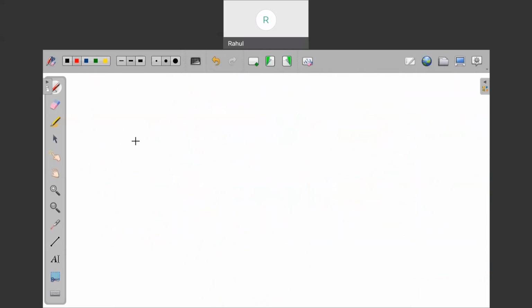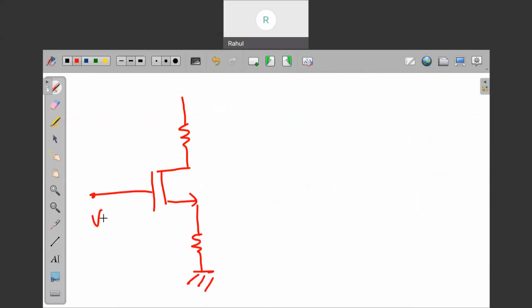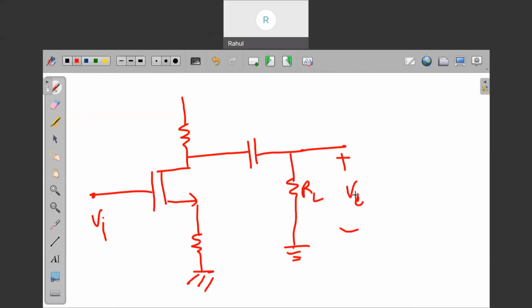Let me show you more circuits. Suppose this kind of condition is given. Vi, and here a capacitor is given, and this is RL, and there is a voltage Vout, and there is a VDD.